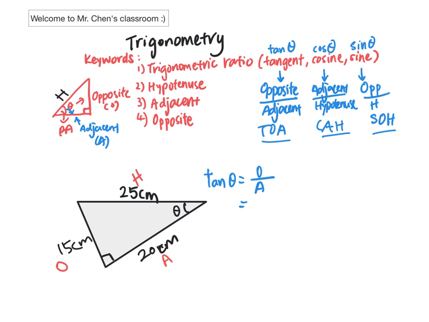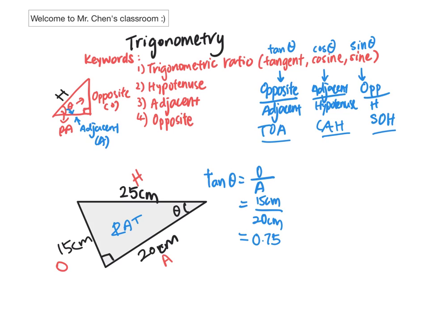Your opposite here is 15 centimeters, and your adjacent here is 20 centimeters. It will give you a value of 0.75 after you divide 15 by 20. So the tangent theta, the trigonometric ratio for this right angle triangle specifically, is 0.75.